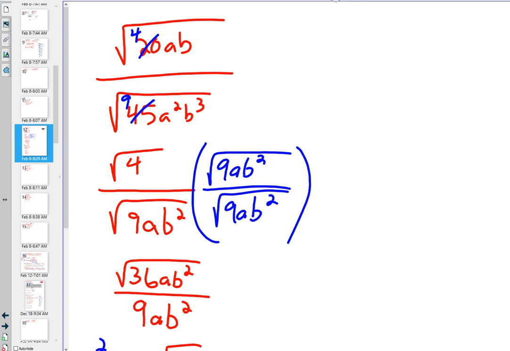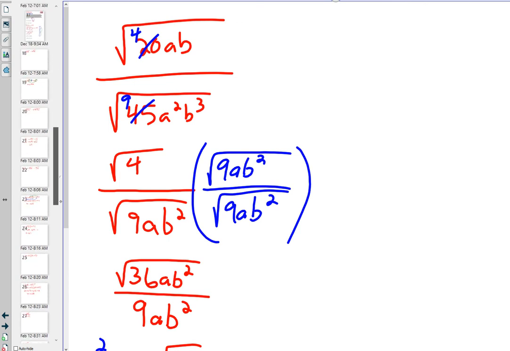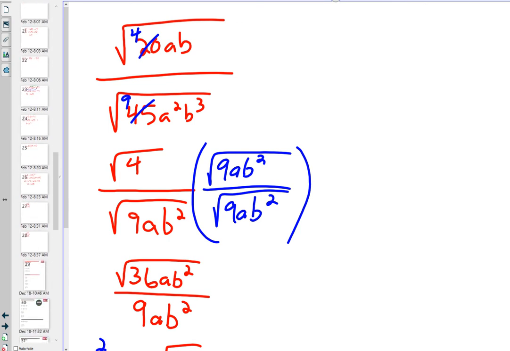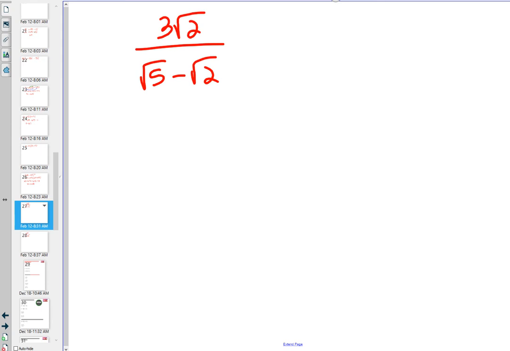How is the one that we're doing now different than the one that we have up here on the screen? This is the key thing to understand how to do this. Can we take them into two fractions?